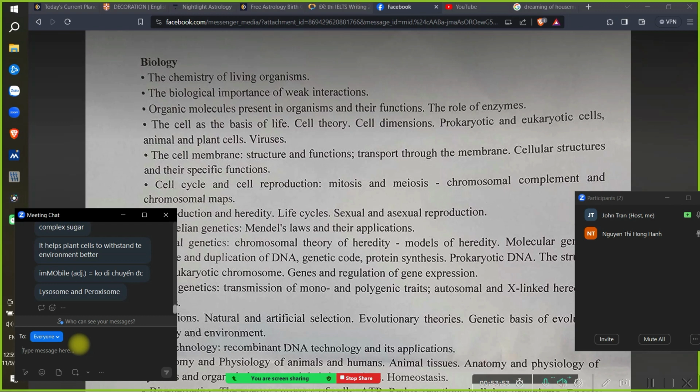I think I will look up the plant cells later, because all the things that I have told you right now are just about animal cells.